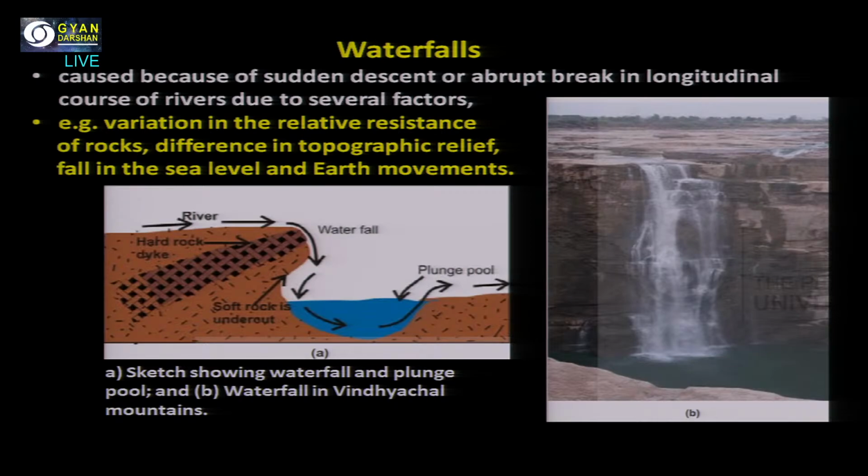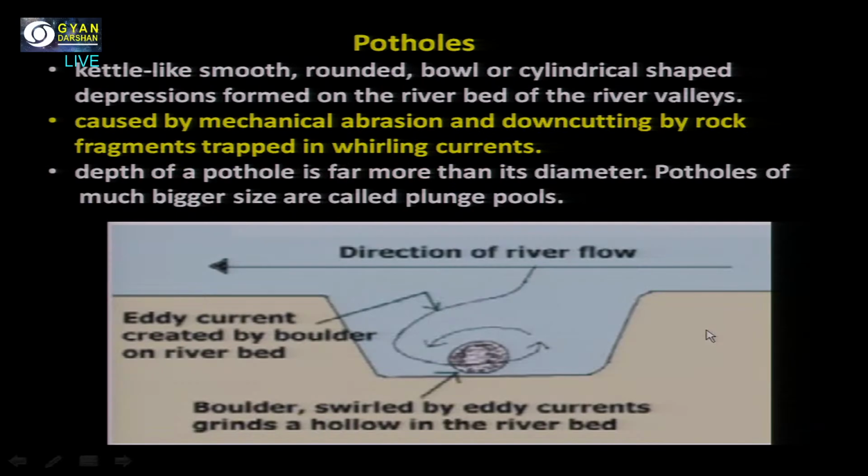On the right side, this figure shows a photograph of a waterfall in the Vindhyachal mountains. These rocks are basically horizontally bedded rocks, and here the river is flowing from the top, and after that there is a sudden break in the topography and the water falls here, and this forms a waterfall.